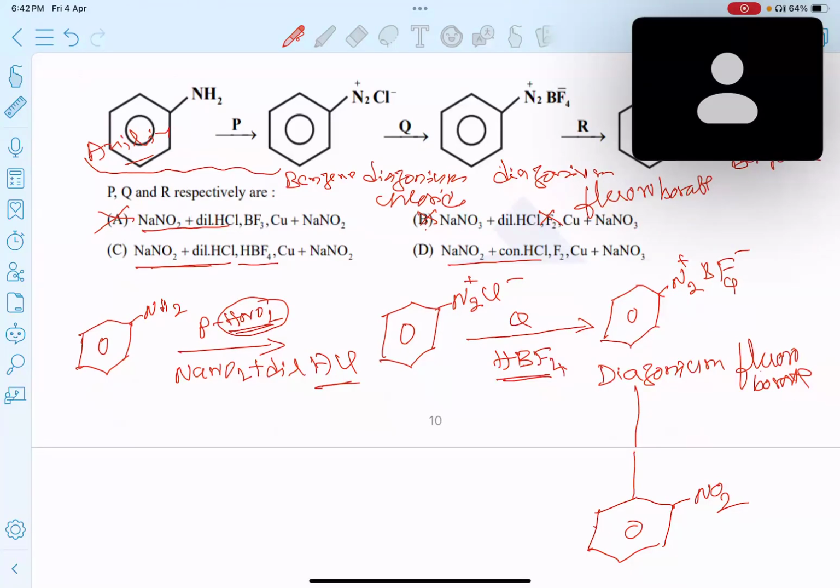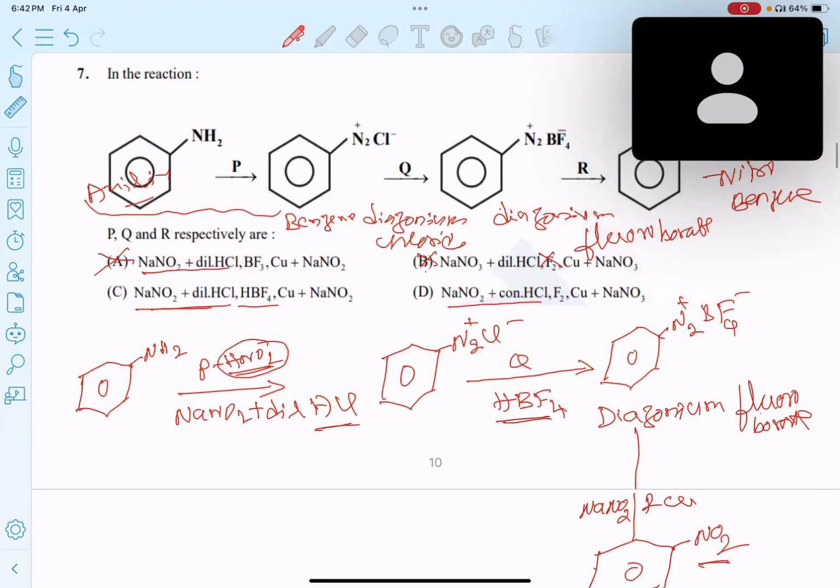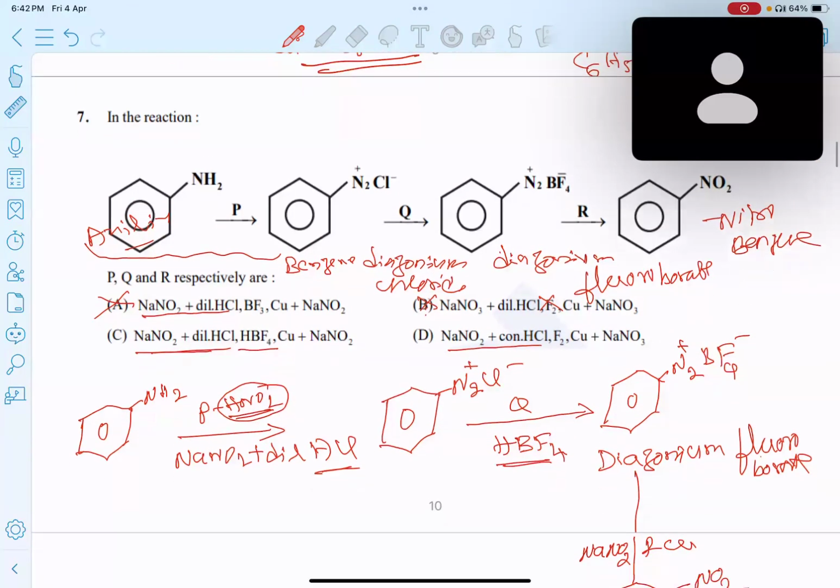When diazonium fluoroborate is treated with sodium nitrite, NaNO2, and copper, the diazo group is replaced by the nitro group, and the final product is nitrobenzene.